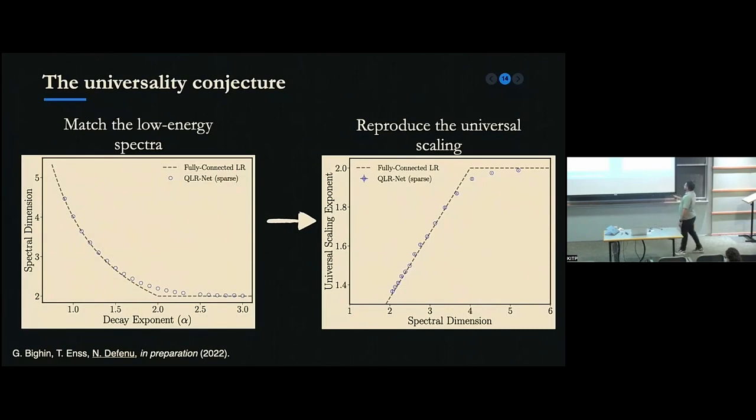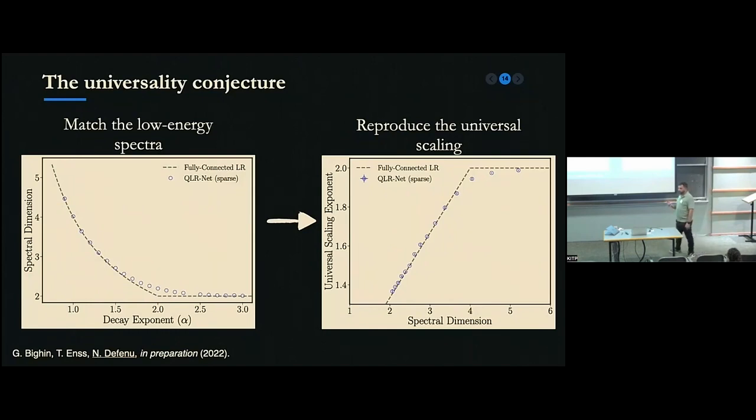But if you try to take on this network a model of critical phenomena, and in this case we did a classical model because we wanted just to make a proof of principle, you can see the critical exponents, and this is the critical exponent nu that we talked about a bit yesterday, the correlation length critical exponent of the self-avoiding random walk. The self-avoiding random walk is a non-interacting model.